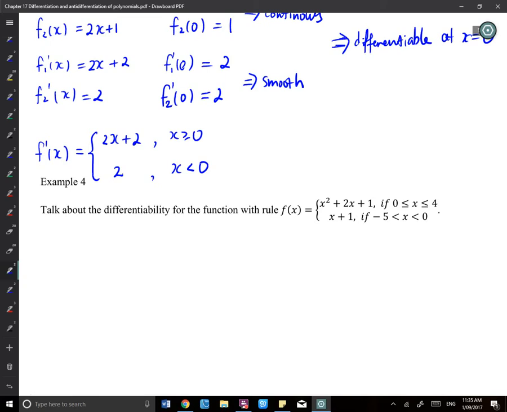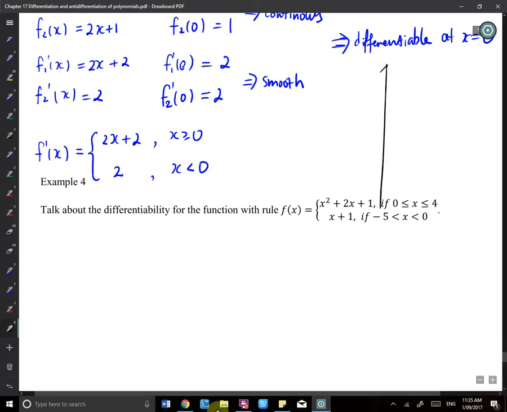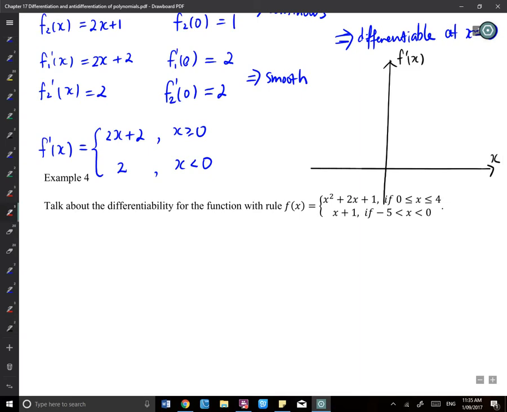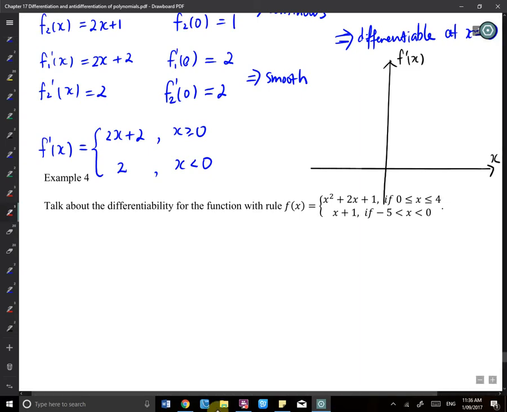So I'm sketching this f'(x) graph. Let's sketch the left hand side. Left hand side is 2. And right hand side, when x equals 0, it is 2.